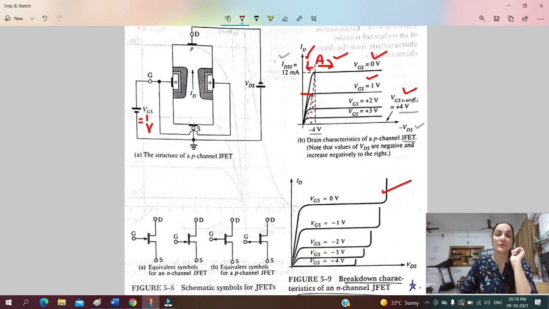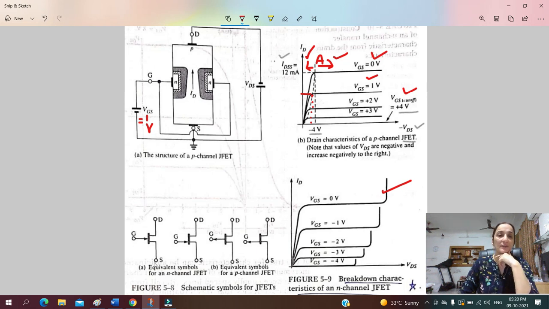Another way, in terms of VGS, it is the value of gate to source voltage for which drain current becomes equal to 0. So this is all about the drain characteristics of P channel JFET.